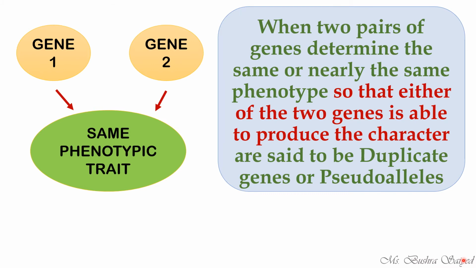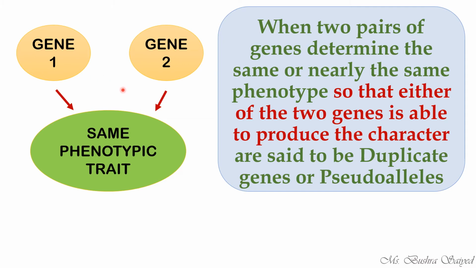Now, what is its definition? When two pairs of genes determine the same or nearly the same phenotype, so that either of the two genes is able to produce the character. See, either of the two genes is able to produce the character. It means that if only the dominant gene 1 is present, I'm talking about the dominant gene 1, then also this phenotypic trait will be expressed.